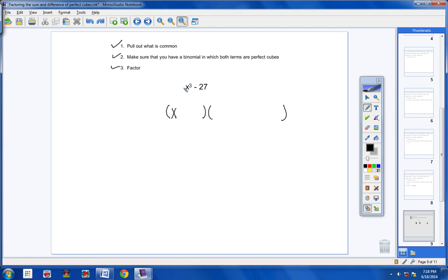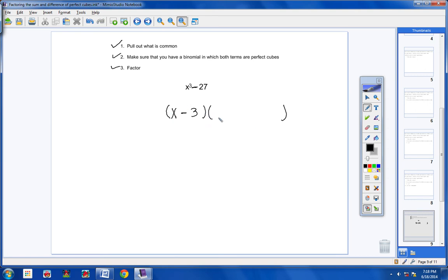Well, the cubed root of 27 is 3. 3 times 3 times 3 is 27. So you put a 3 here, and then whatever this sign is right here, you bring it down and you put it right here. If it would have been a positive sign, then I would put a positive sign here. In this case, it's negative, so I'm going to put a negative sign here. So take some really good notes on that.